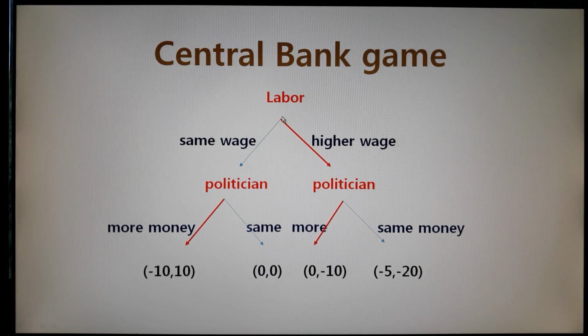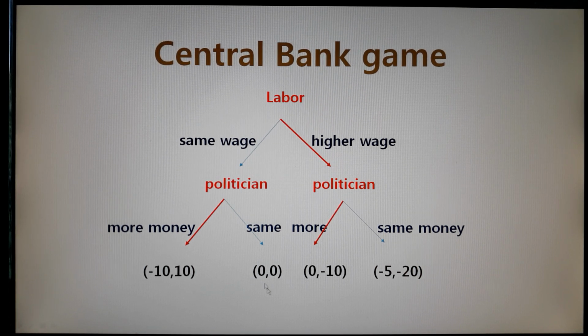The politicians, once the labor union has a higher wage, increase 10%, if they maintain the same money, it's -20. If more money, it's inflation. Here it's unemployment, -20, inflation, -10. Same wage, same money.